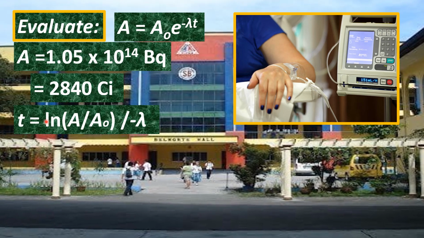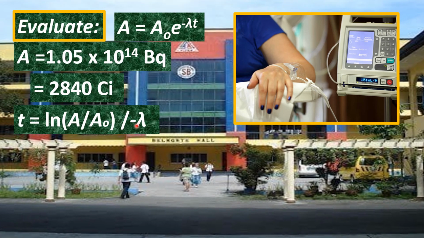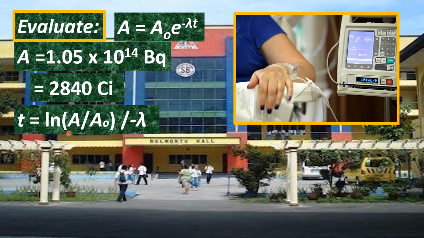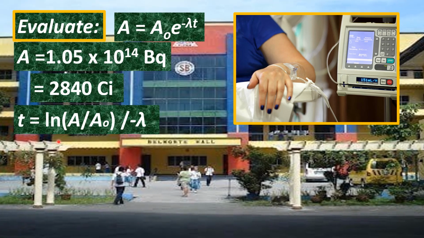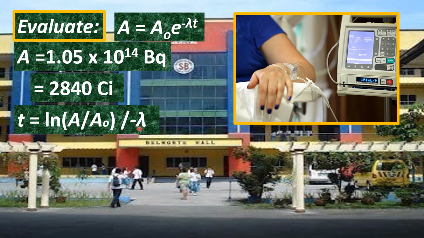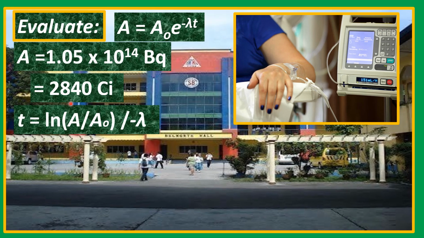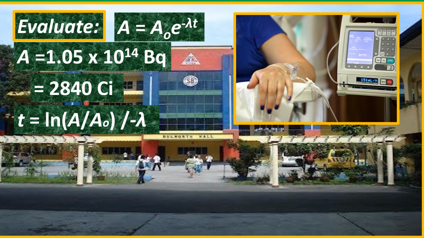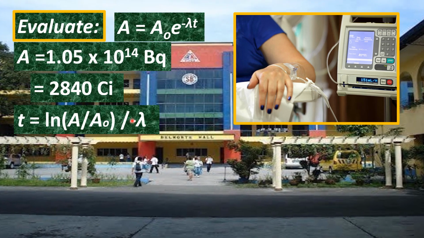So we will use this equation to calculate for the time t using the value of the activity that we have here, 2,840 curie.